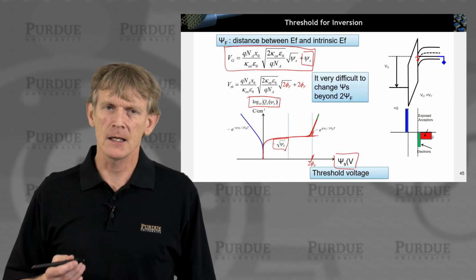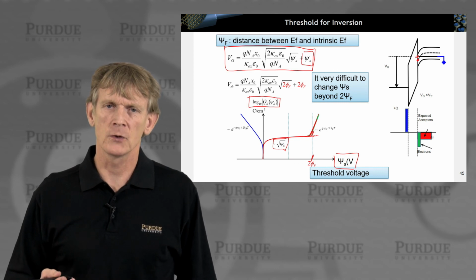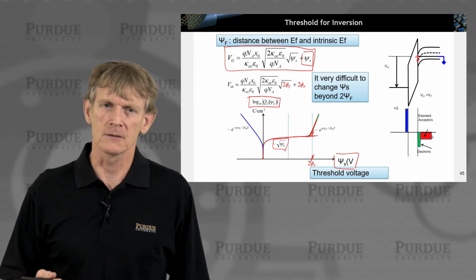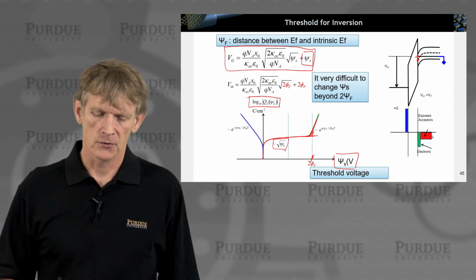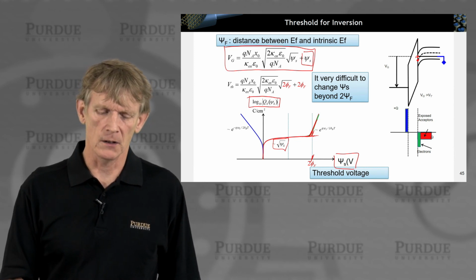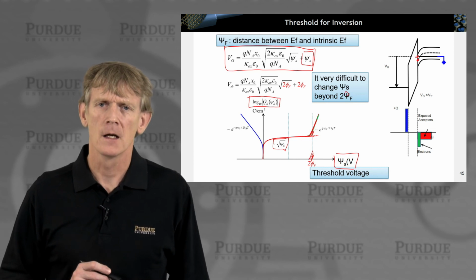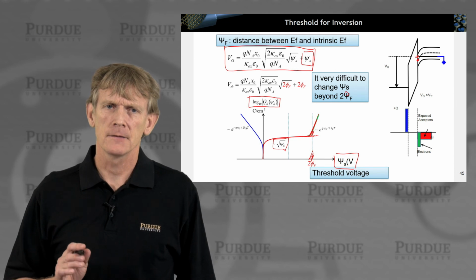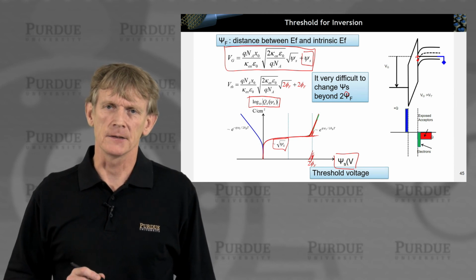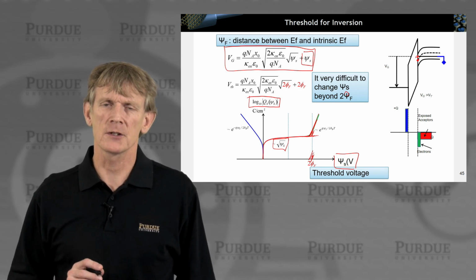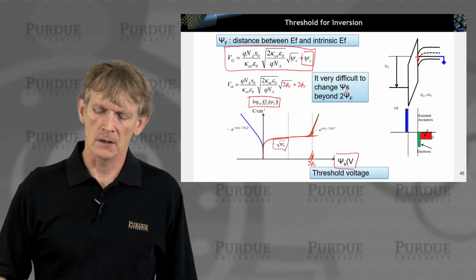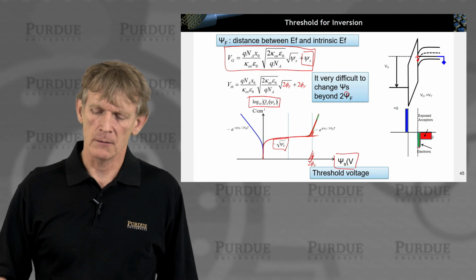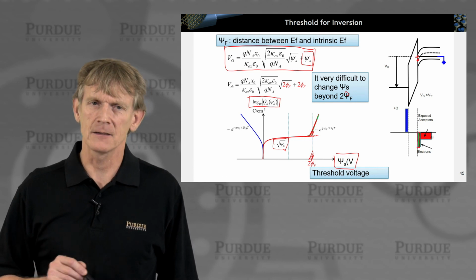The key element that you need to realize in these derivations, or that's where we're aiming for, is that it's going to be very hard to ramp up your psi s beyond the 2 phi f. We'll get into details why that is, but you'll get some intuition why. It basically has to do with the electrons being piled directly at this interface.